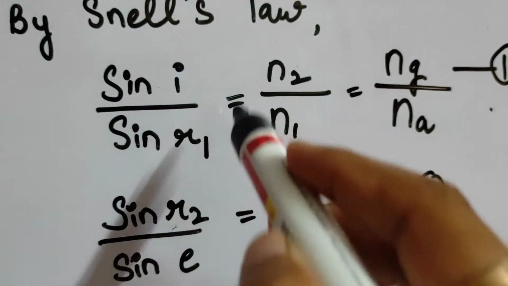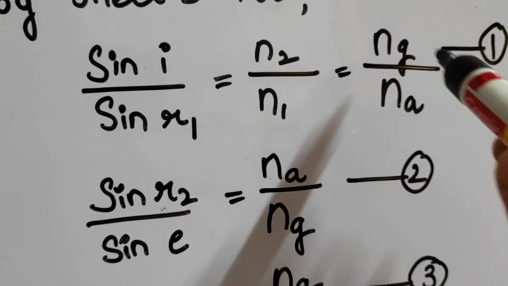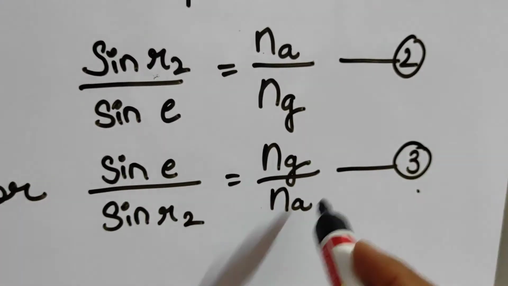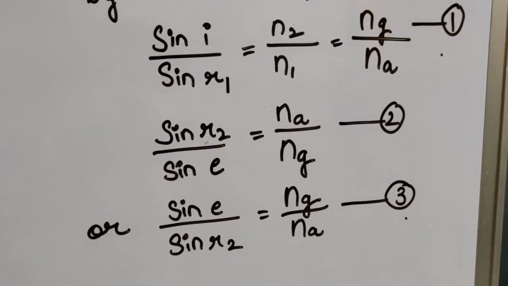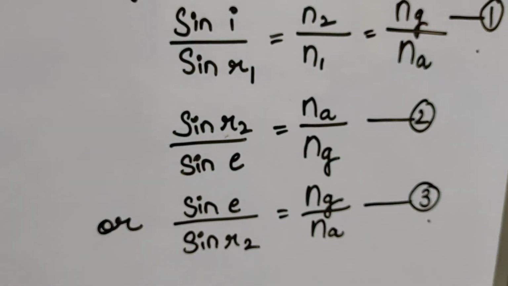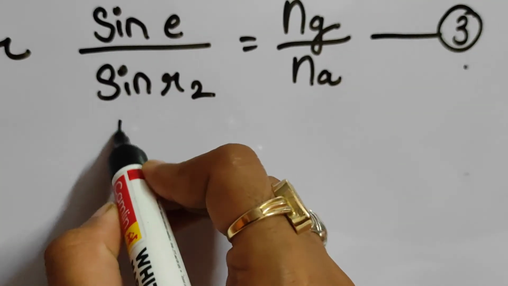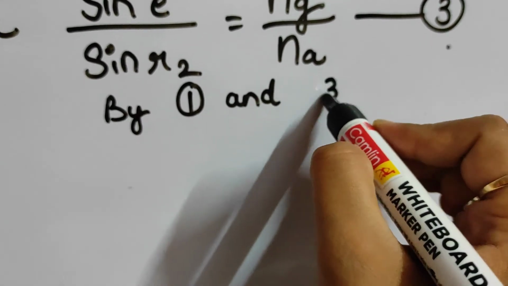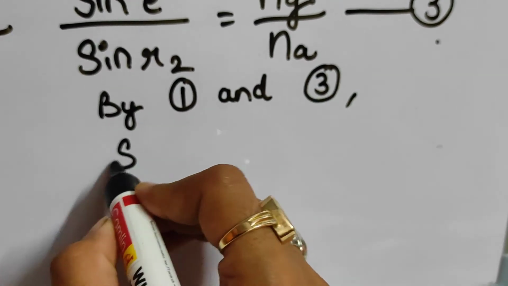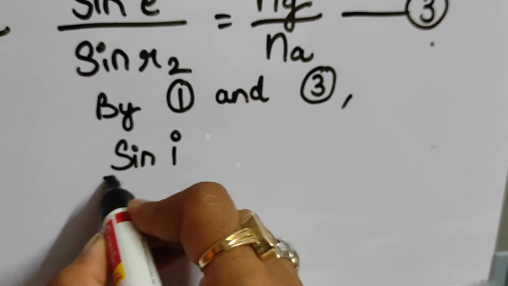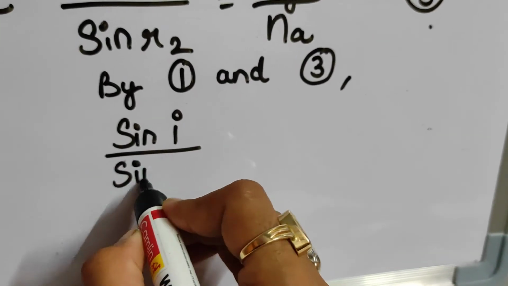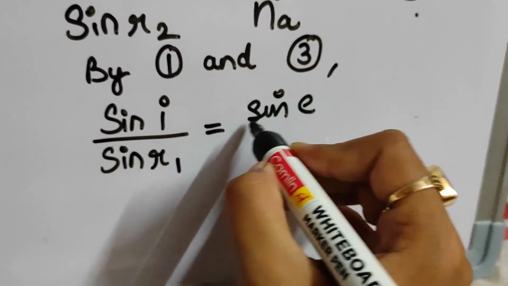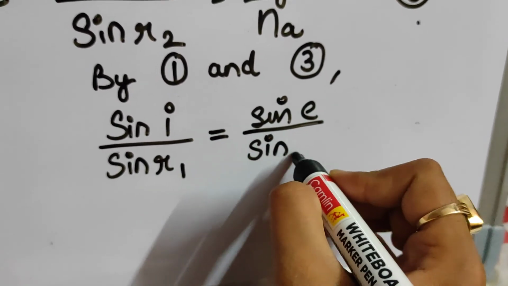Because you can see that sine i upon sine r1 is equal to ng by na, and sine e upon sine r2 is also equal to ng by na. So both the values are equal, and these two can be equated. By 1 and 3, we get that sine i upon sine r1 is equal to sine e upon sine r2.